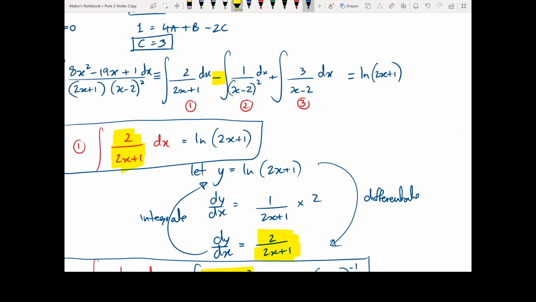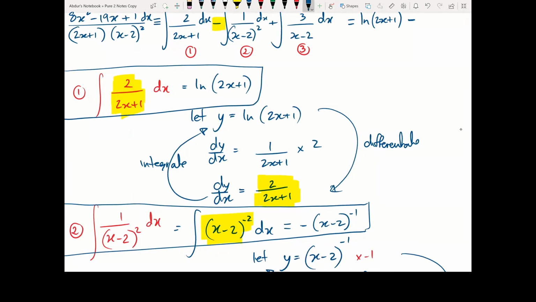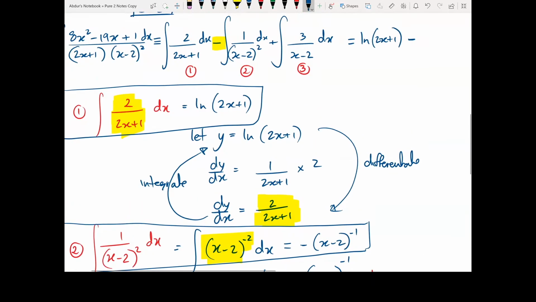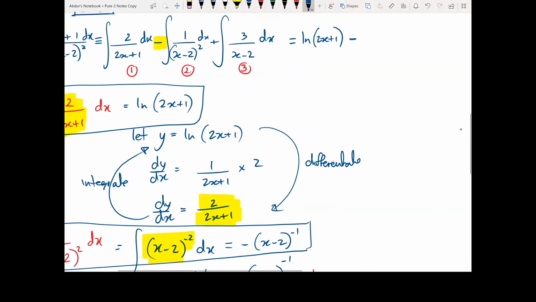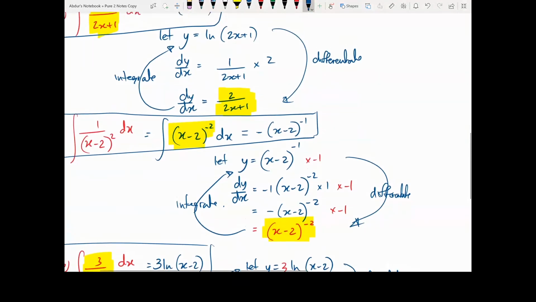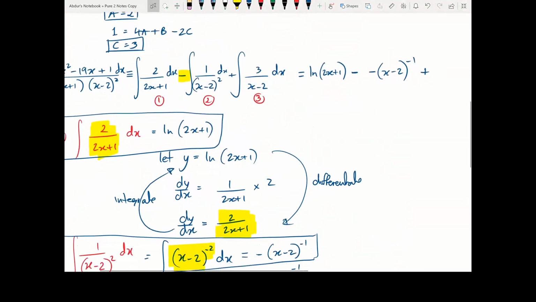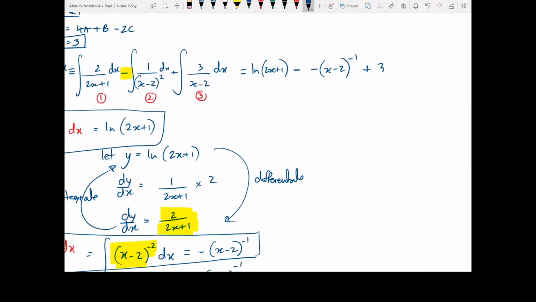Can you see we've got a minus there? So make sure you write down the minus first. Minus the answer to the second one, which is, as you can see here, minus (x − 2). So I'll write down here minus bracket (x − 2) to the power of minus 1. And then plus our final result, which was 3 ln of x − 2.